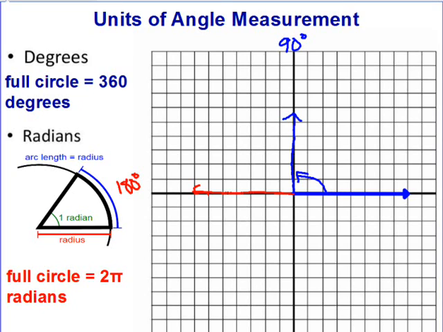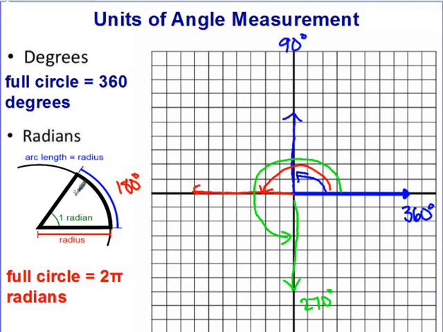If I drew an angle down here, that would be 270 degrees. And then a full circle is, whoops, I need a different color, of course, 360 degrees. So that you are familiar with.